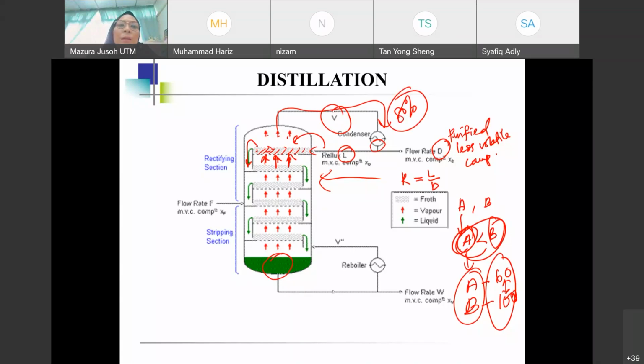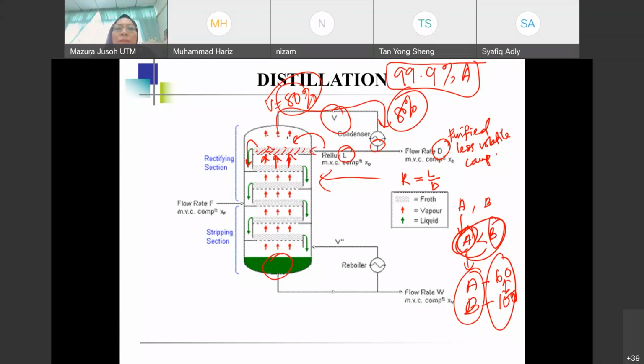Okay, let's say the first vapor that comes out is 80% pure, 80% A, and the other 20% is B. So what you want to do is increase this from 80% to 99.9% A. This is usually what they target for in a distillation column, right?